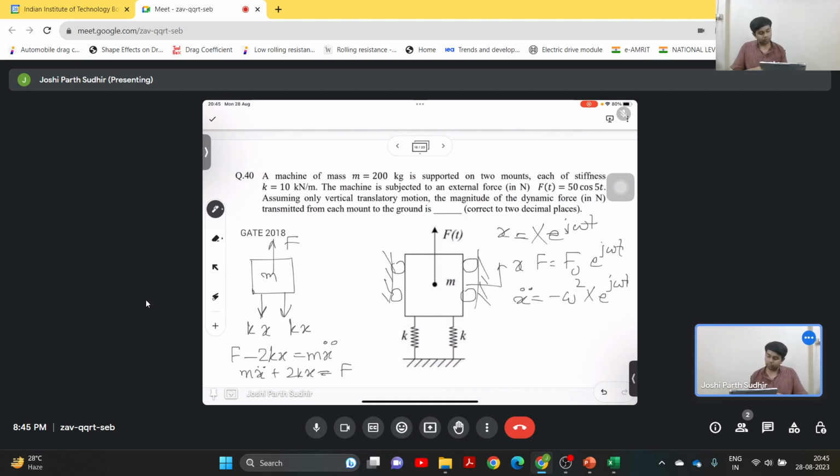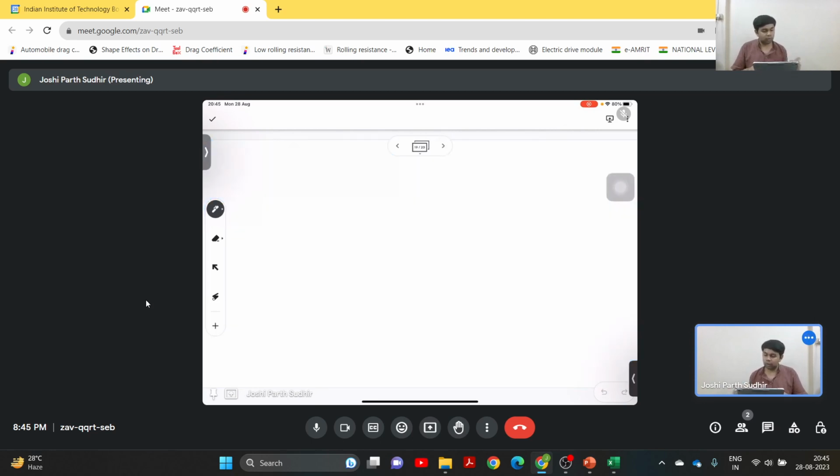So we will get minus omega square m plus 2k into x e to the power j omega t is equal to F naught e to the power j omega t. So the steady state amplitude capital X will be given in terms of the steady state amplitude of the force F naught as F naught upon 2k minus m omega square.